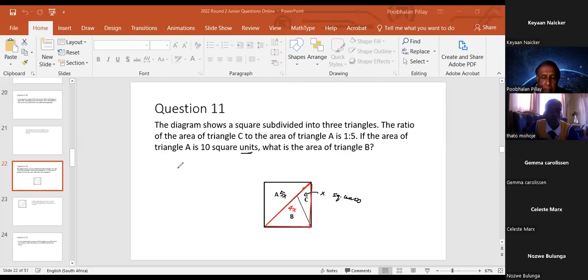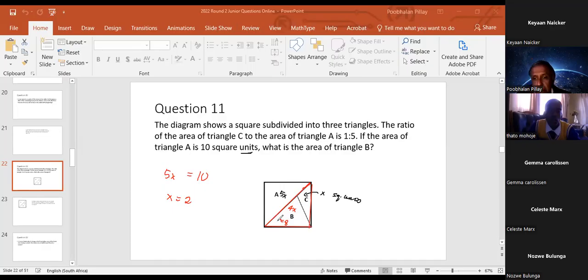So A, the 5X, that's the area of A, and that is equal to 10. They tell you that. So therefore, that gives you the value of X. So X is equal to 2. And so the area of triangle B will have to be 4X, which is 8, 4 times 2.